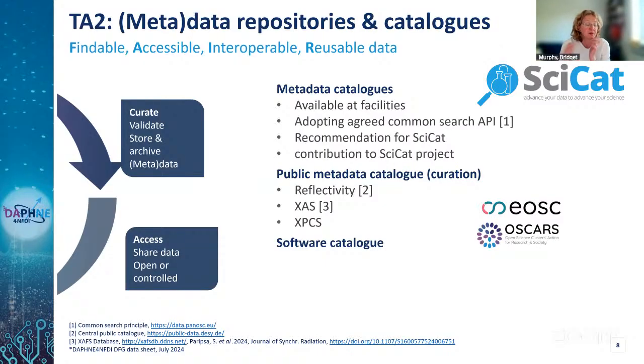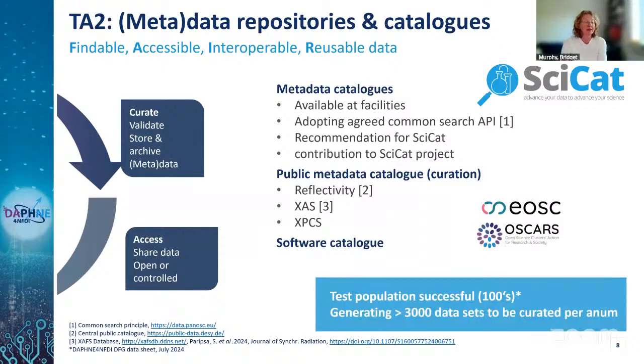So some highlights that we can mention here is that there's over 67,000 entries in the SciCat instance that's running at DESY. And these are, at the moment, in the embargo period, but as time goes on, they will become available to everybody. So we have a large test population in the public data. We're still in the infancy stage.